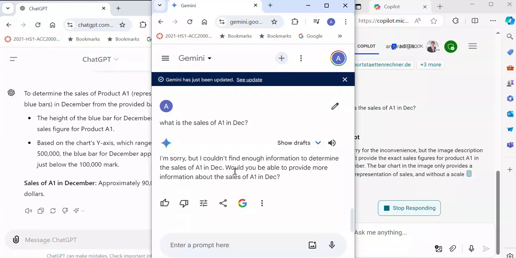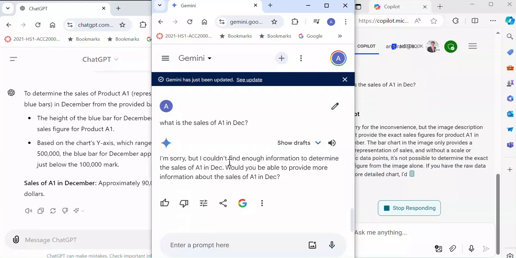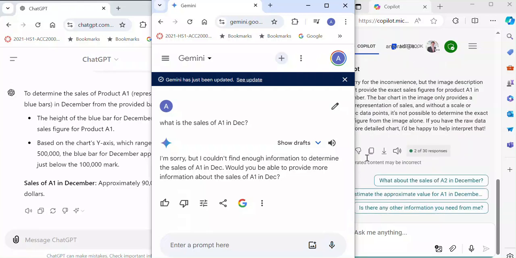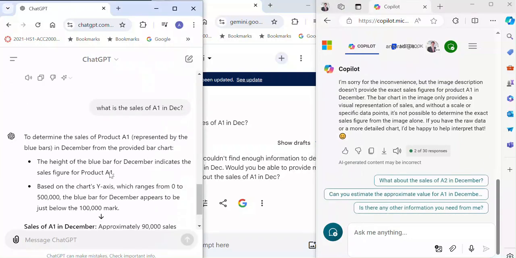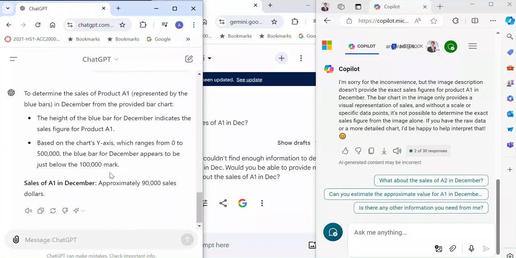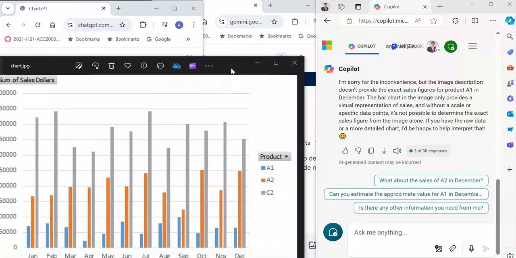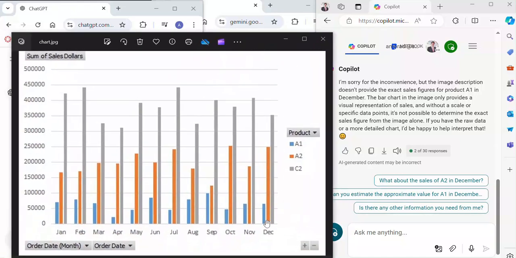Interesting that Copilot and Gemini didn't try further, and they basically stopped. But ChatGPT did it, and at least they provided us with some figures and numbers. If we look at the chart, that number is not very accurate, but not totally out of range, though it shows that they are not capable.